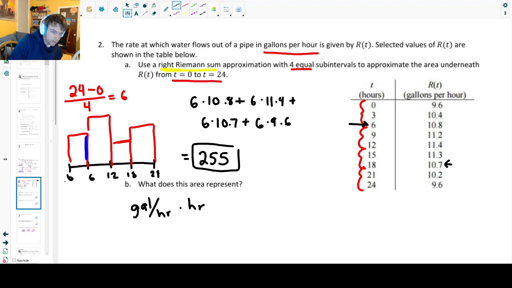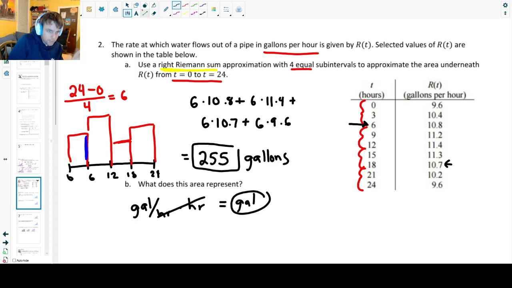The width of our interval are in hours, so hours, times the height of our interval, which is in this case, gallons per hour. So we're multiplying hours times gallons per hour, giving us gallons, right? So what's happening is this is giving us the amount of water that is flowing through the pipe in gallons. This is a measurement in gallons.